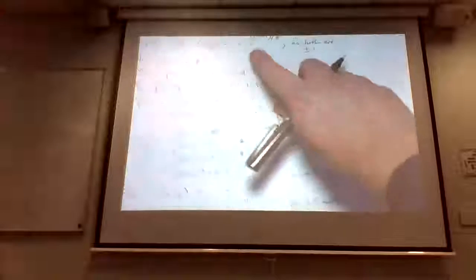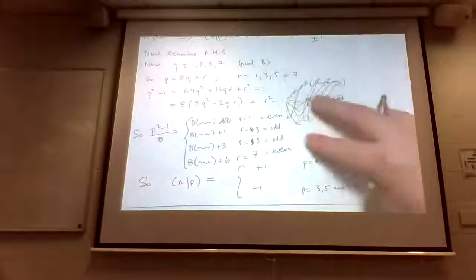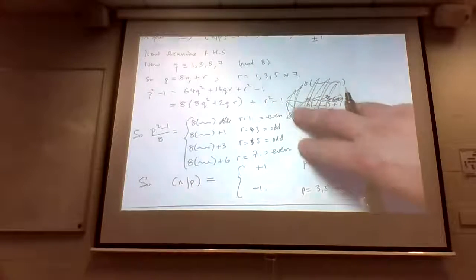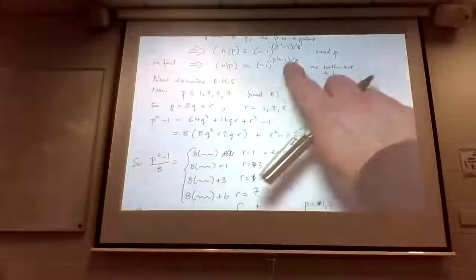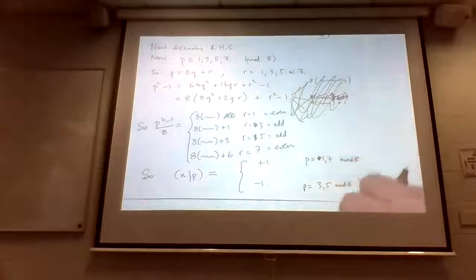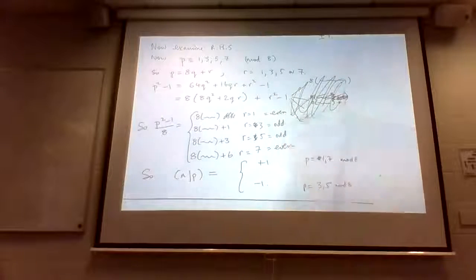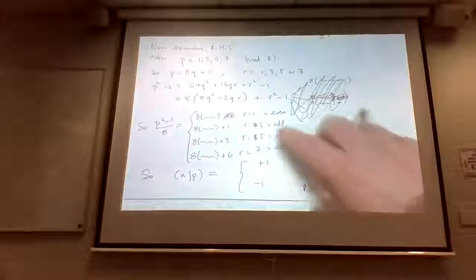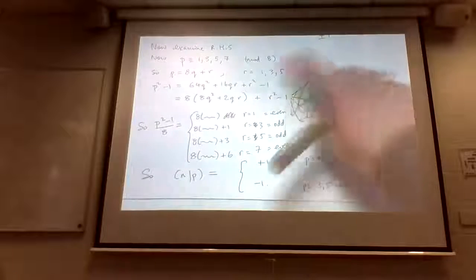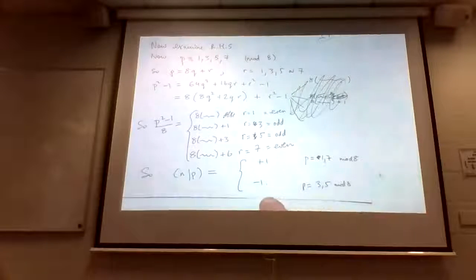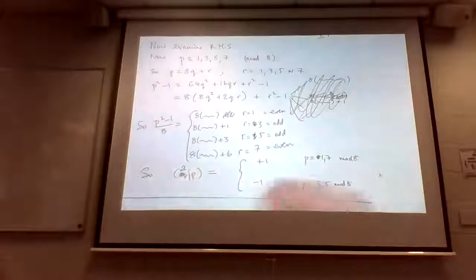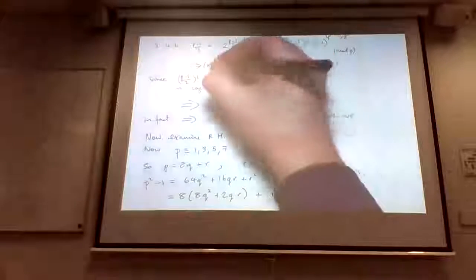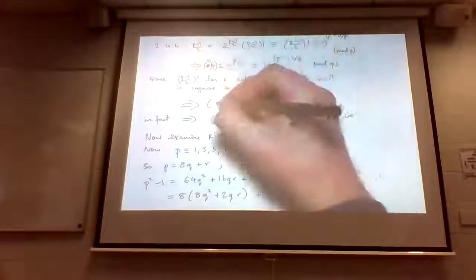Because you've got your minus 1 to an even power in these two cases, 1 or 7, so it's plus 1. And you got minus 1 to an odd power. So when p is 3 or 5 modulo 8, you got minus 1 to an odd power, so you got minus 1. I wrote n back here a few times. Of course, n is always 2.